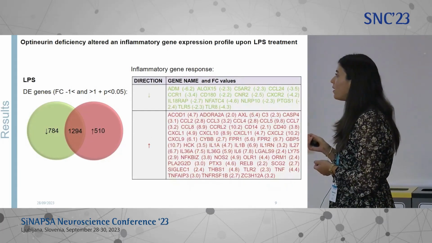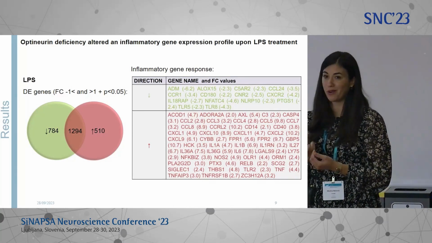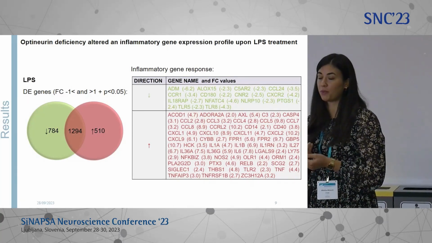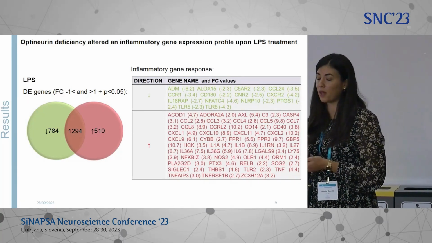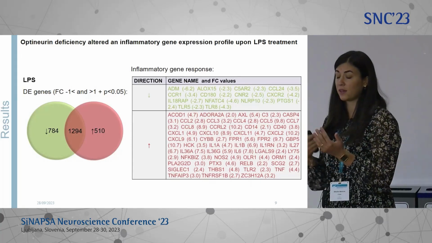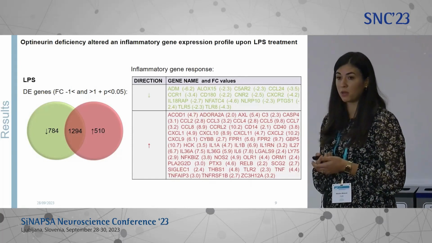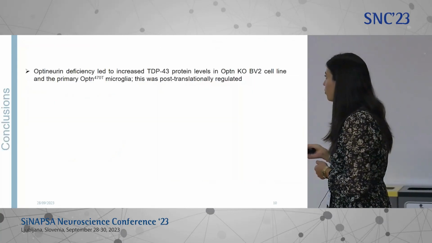Upon LPS, it was the opposite: most genes were upregulated. So we think that optineurin works in several different ways in inflammatory signaling, and that our cells have some kind of altered immune response.